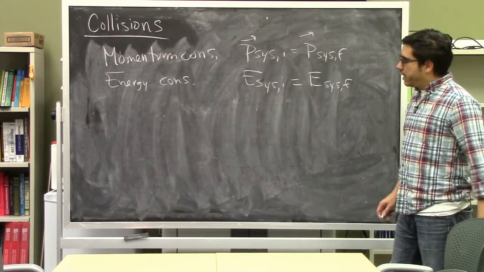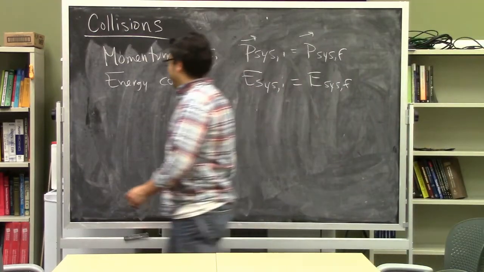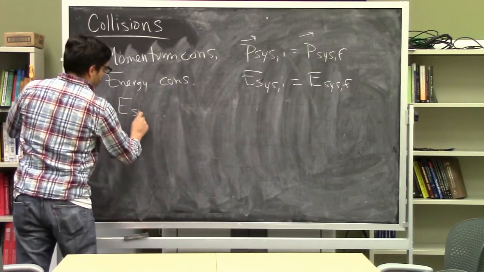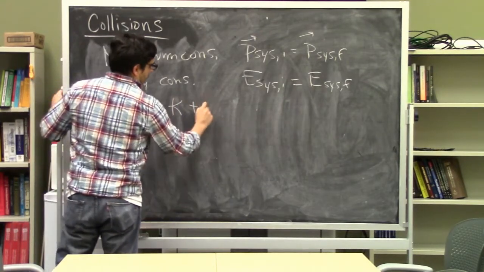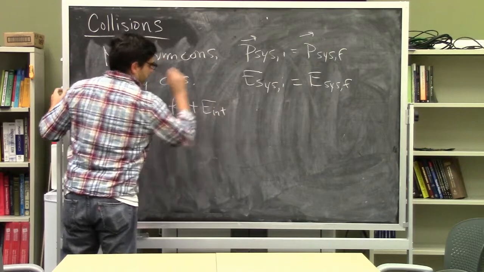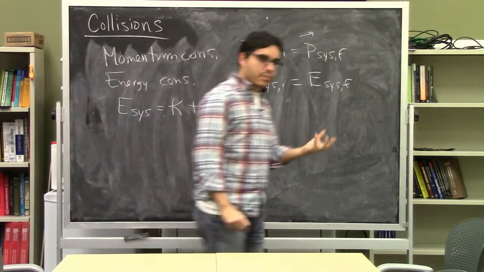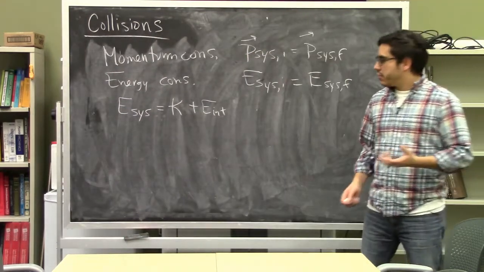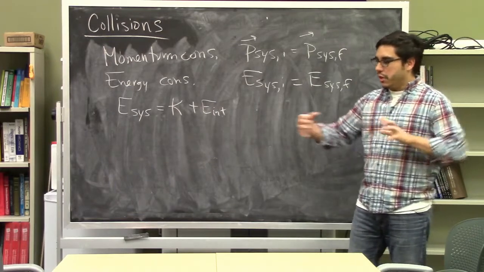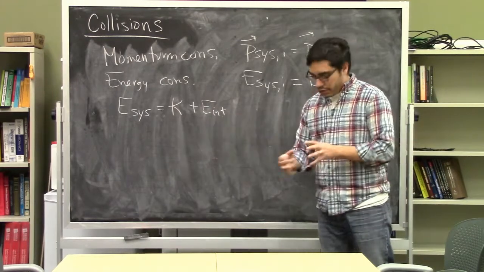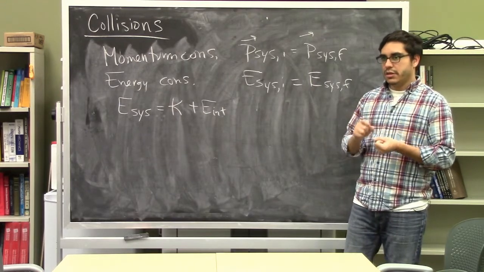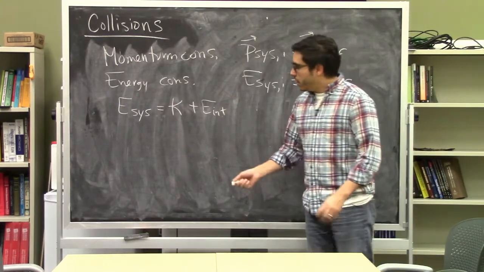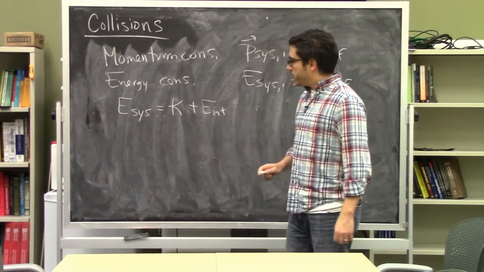The two that we're going to keep track of are the kinetic energy and any internal energy that the system has. The kinetic energy is associated with the motion of these objects. The internal energy is associated with any deformation, vibrations, rotations, and so forth that occur as a result of the interactions.